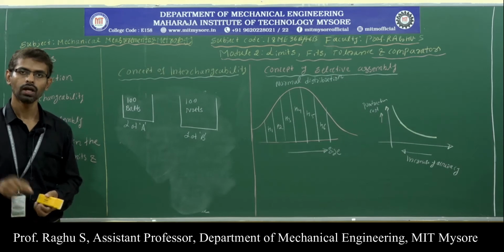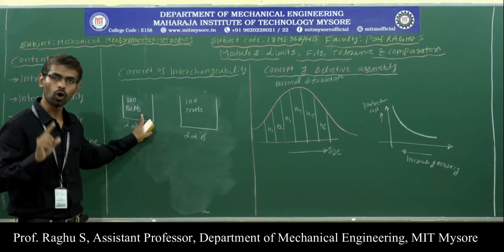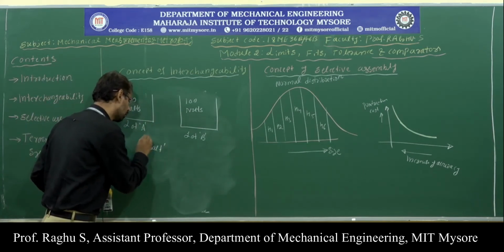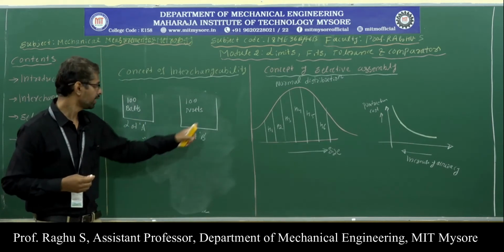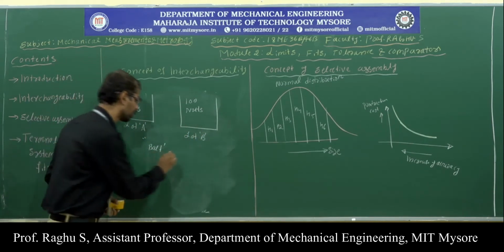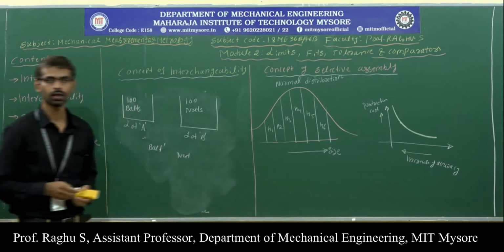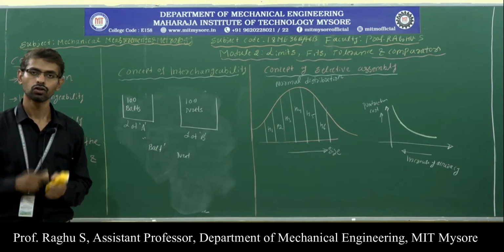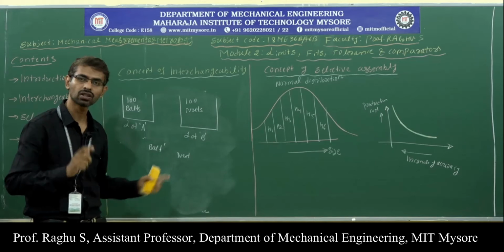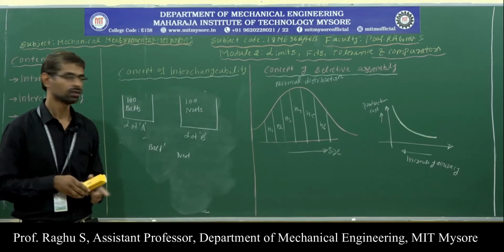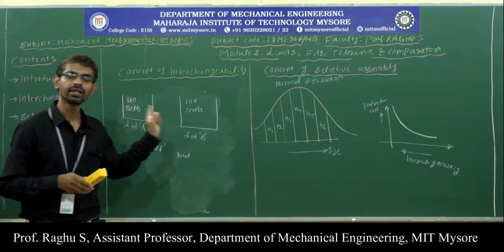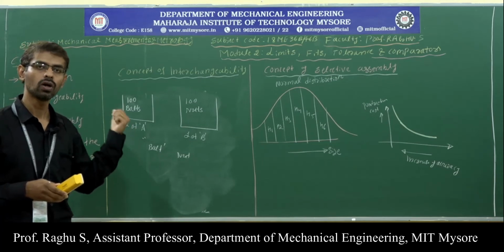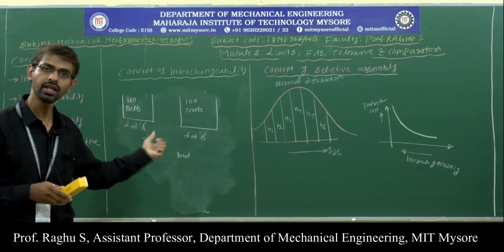Now take any one bolt from lot A randomly, and take any one nut randomly from lot B. Now assemble these two machine elements. If the assembly is successful, then we can say that this manufacturing system follows interchangeability, or that we have achieved interchangeability in manufacturing.